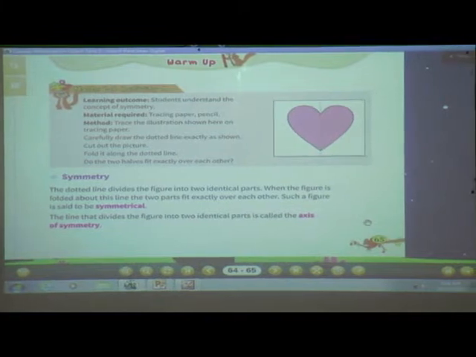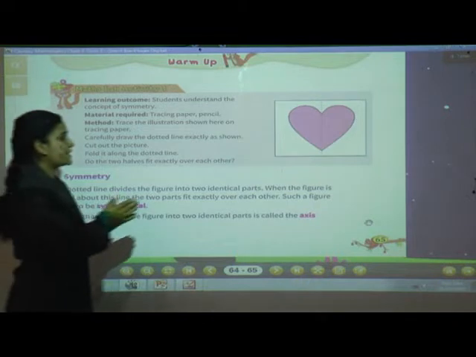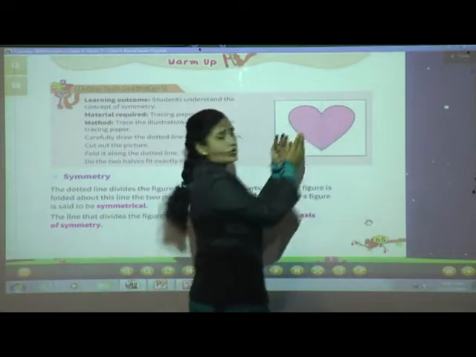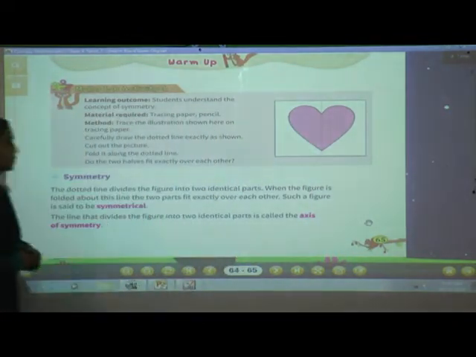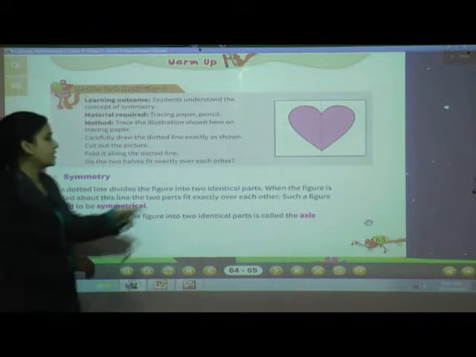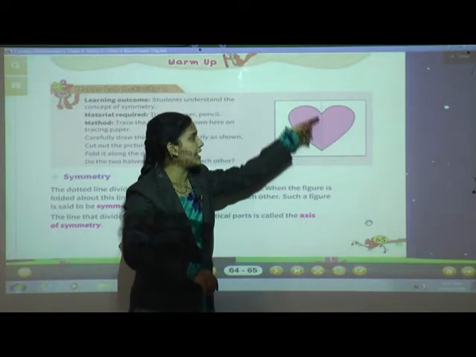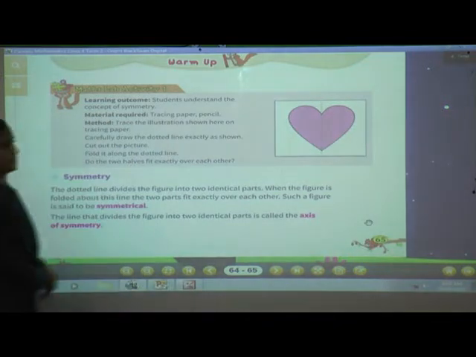When the figure is folded about this line, the two parts fit exactly over each other. Yes, as I just told you. Such a figure is said to be symmetrical. The line that divides the figure into two identical parts is called the axis of symmetry. That means this figure is known as a symmetrical figure and this line is known as the axis of symmetry.